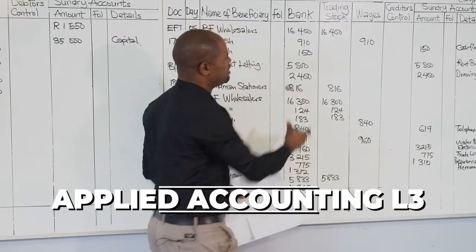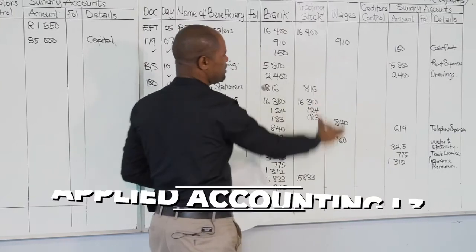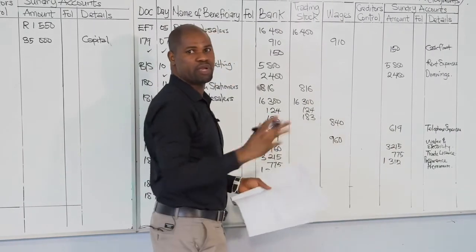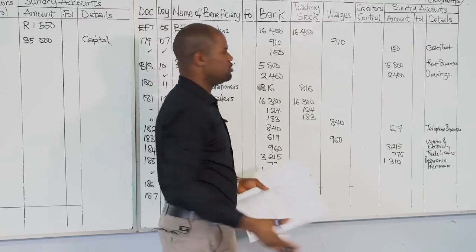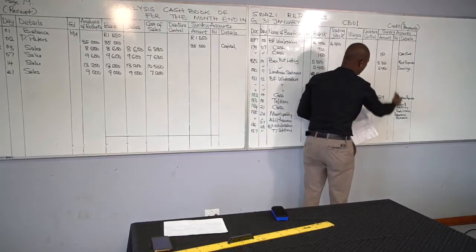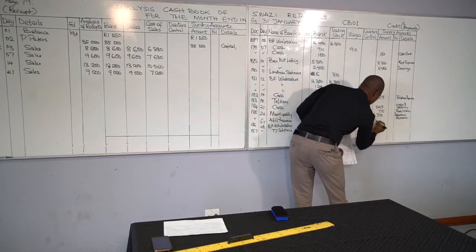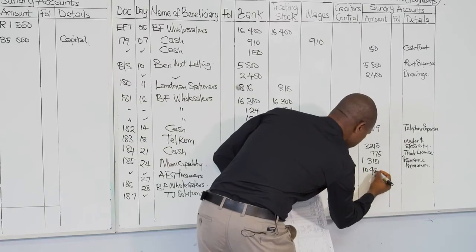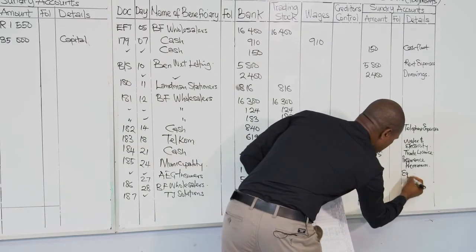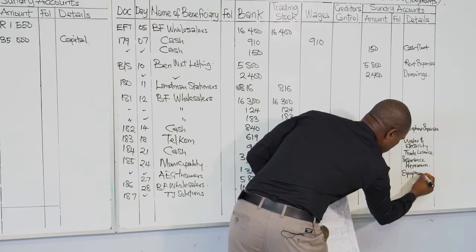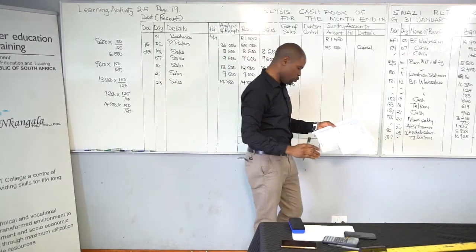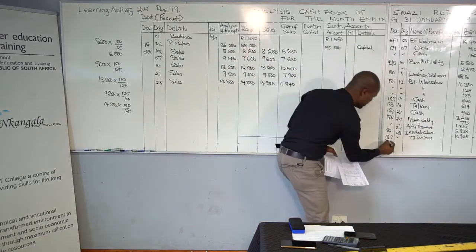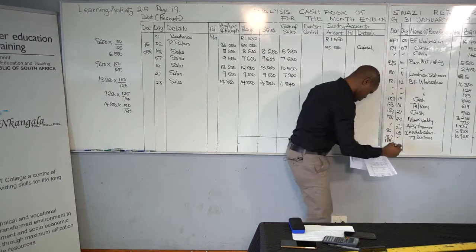And if you look at computers, I don't have a heading for computer. So computer in accounting is regarded as equipment. So it's going to be under my sundry accounts. 10,965 as equipment.